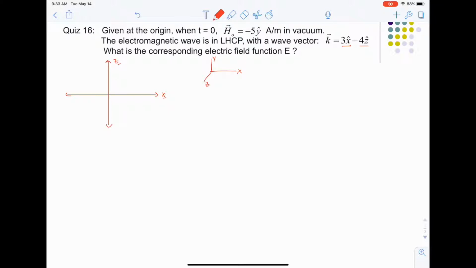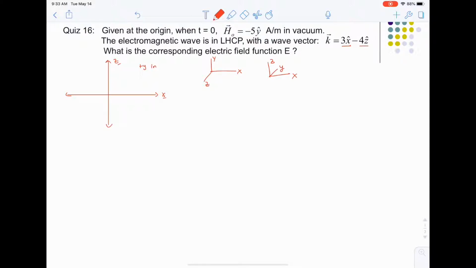So if we move our hand so the x is pointing to the right and z is pointing up, we see that y is pointing into the board. So we know positive y is into the board.